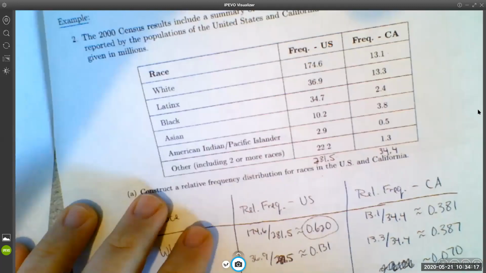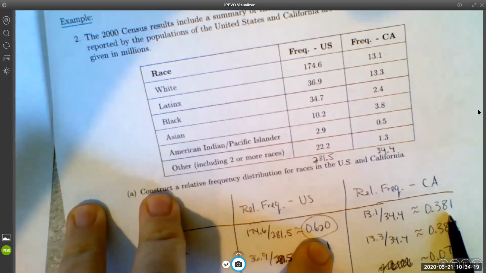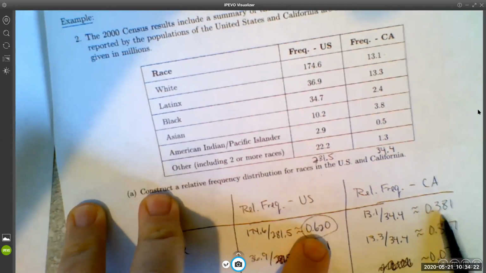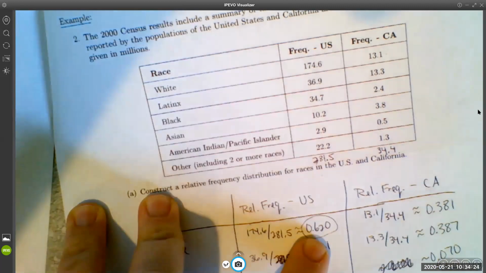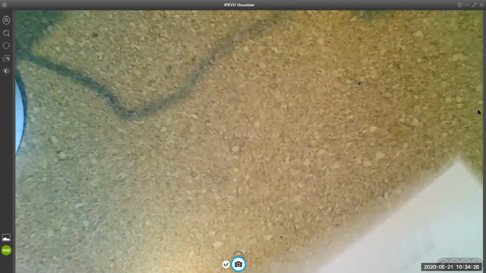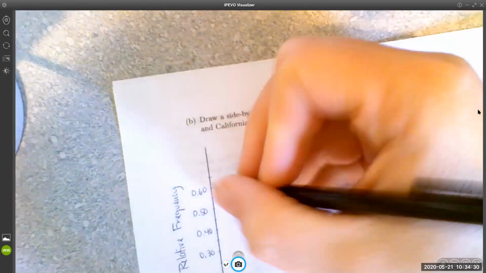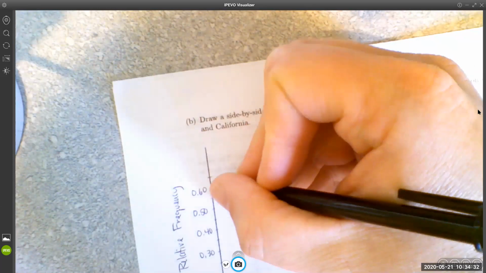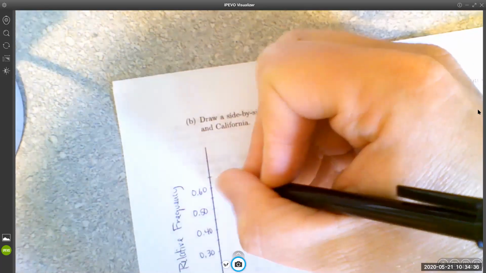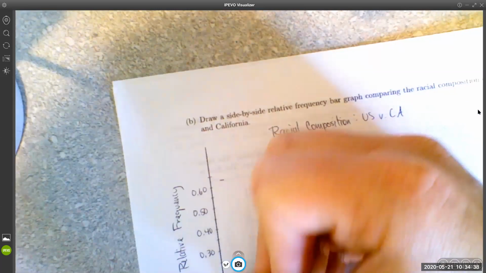So for the white category, I need to draw bars at 62% and at 38.1%. Well, this is 65 and this is 60, so 62 is somewhere in the middle. It's maybe going to go up to here. I'm going to draw a bar.